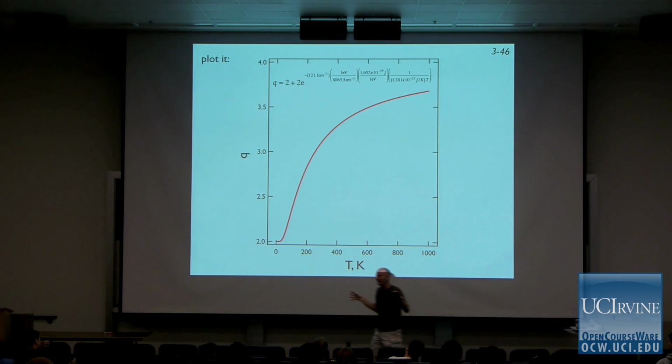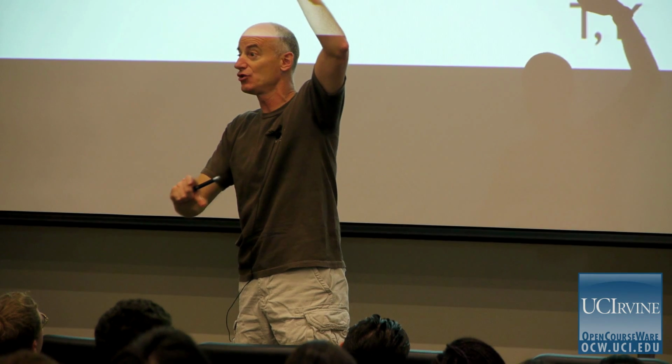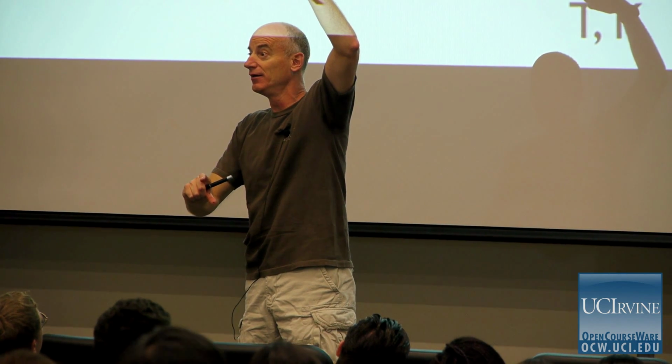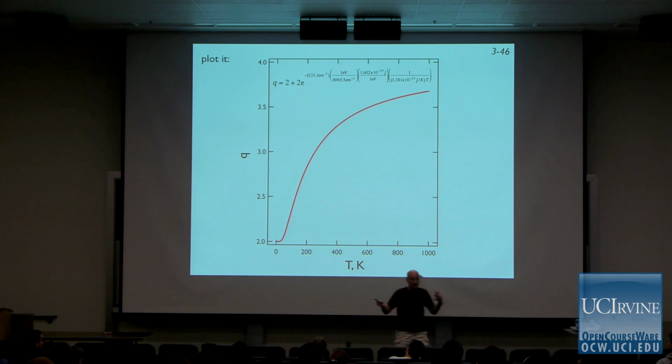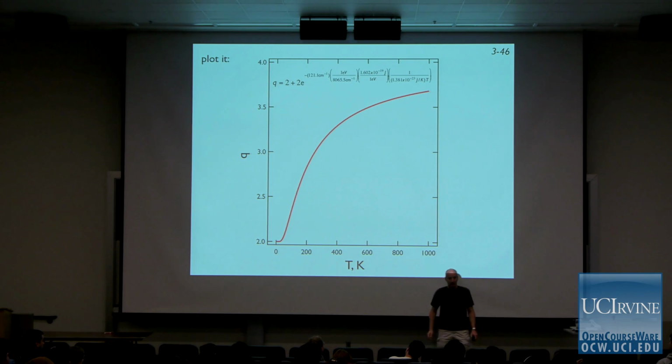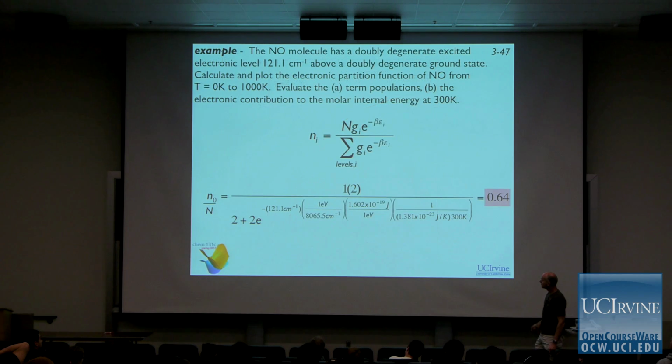Maybe a bit higher than that, because my goodness, we've got way more thermal energy than 121 wave numbers, don't we? Right? So you might be a little surprised that it's not closer to 4, but what you'll find as you do more problems is that your intuition has to be calibrated a little bit. It's going to be more than 3.5, but less than 4. It's sort of in the right range at 1000 degrees.